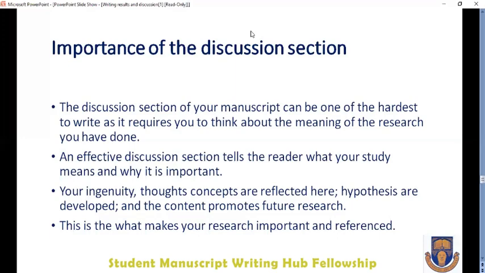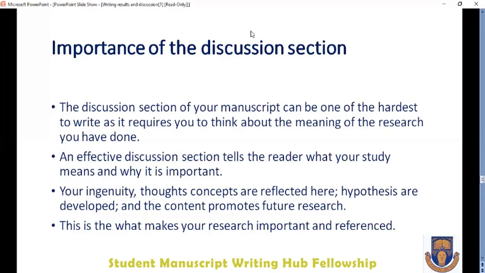communicate the discussion properly. So your ingenuity and thought concepts are reflected here, your hypotheses are developed, and the content promotes future research. This is from the discussion section. You are going to be able to promote that further research should be done in this aspect to further validate this hypothesis I'm generating from my discussion.